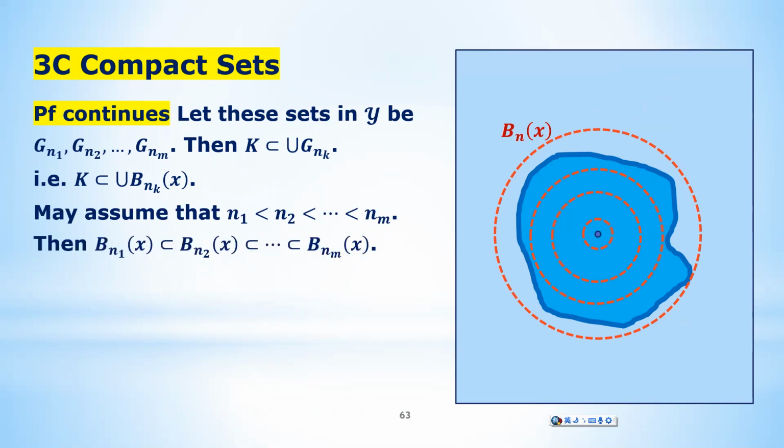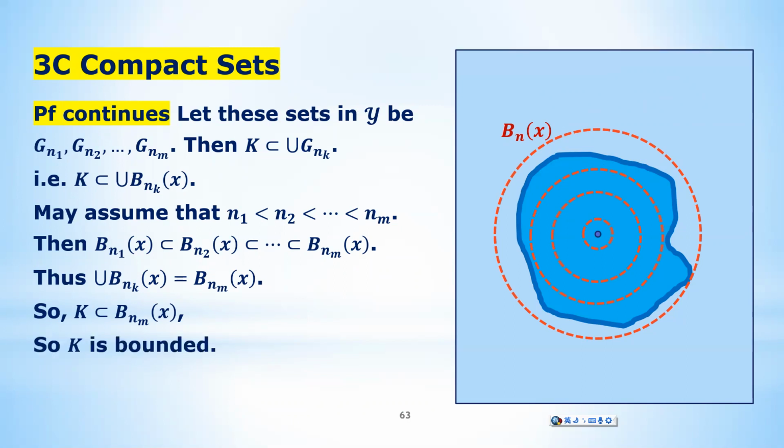Because of the increasing order, all these balls get bigger and bigger, so the union of all these balls is just equal to the last one, Bnm. So K belongs to the last ball, which is contained in a ball with a finite radius. So obviously, this means that K is bounded.